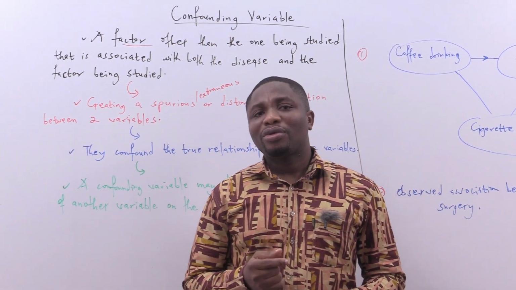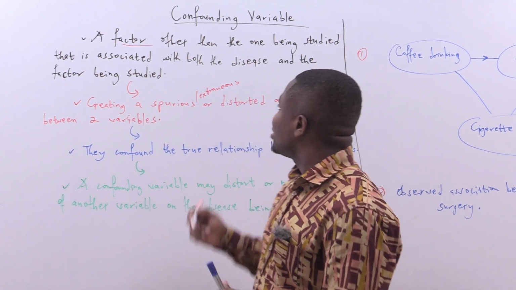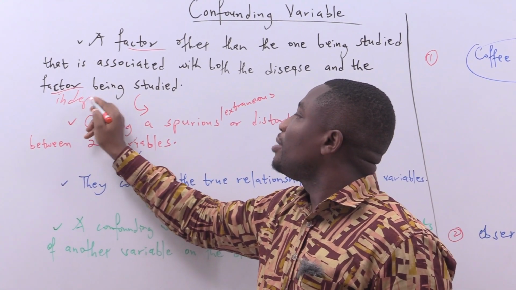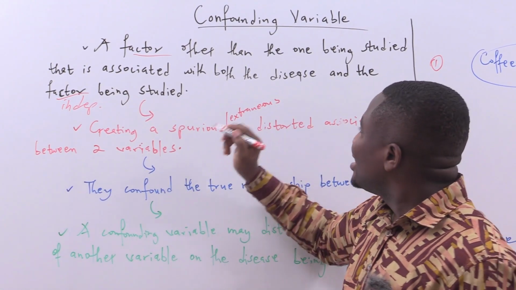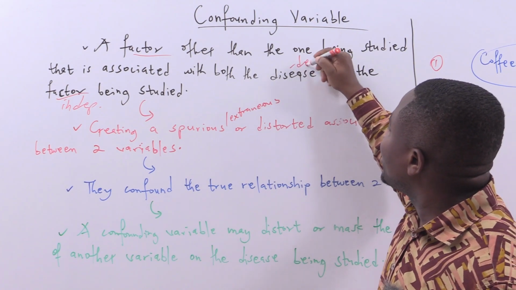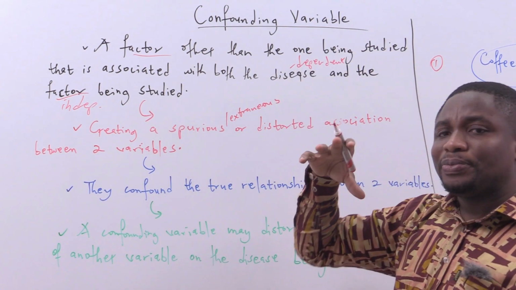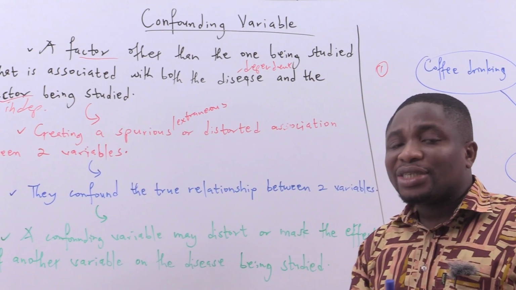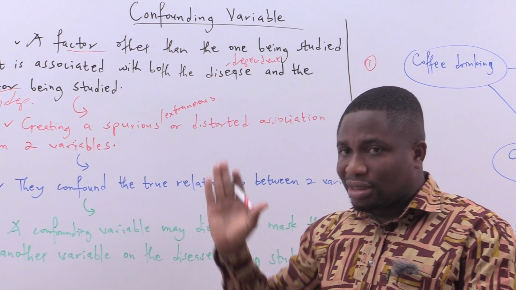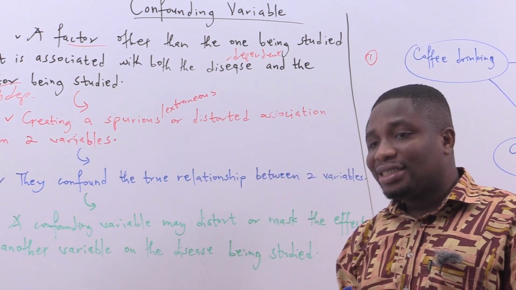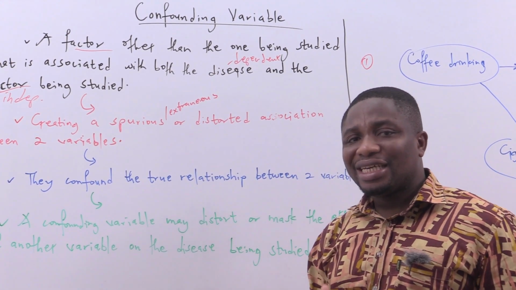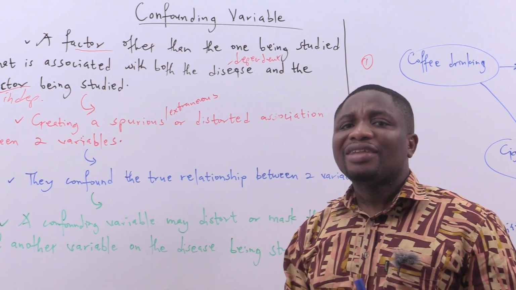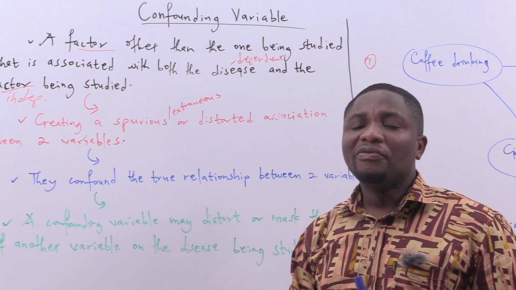So in that scenario, the factor being studied becomes the independent variable, and the disease becomes the dependent variable. So if we have a factor other than the factor under study, which has an association with both the disease, that is the dependent variable, and the factor under study, which is the independent variable, then we'll say that that factor is a confounding variable.